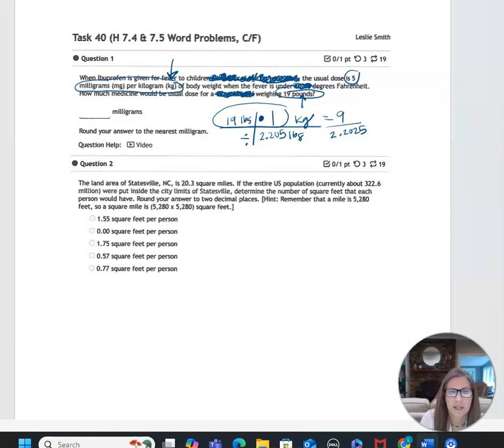I'm getting a repeating decimal. It says round to the nearest milligram. So you would round to the nearest whole milligram. I'm getting 44.4 repeating, and it says round to the nearest milligram. So that would stay at 44 milligrams.